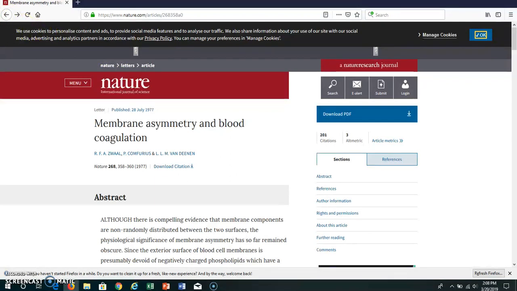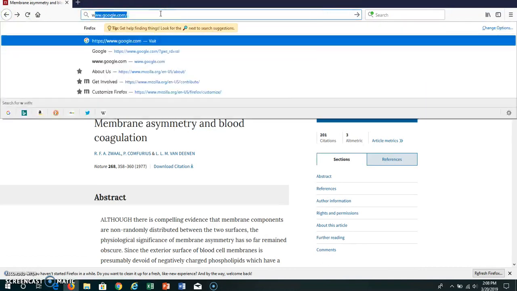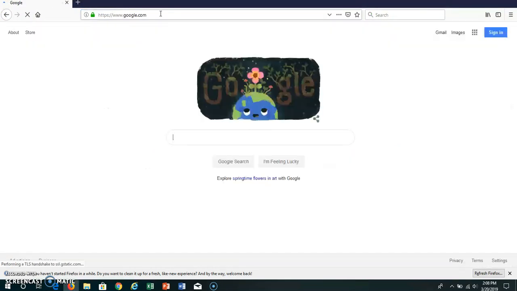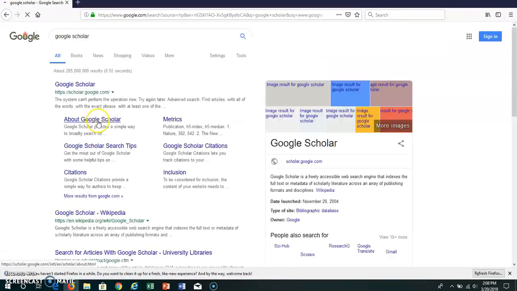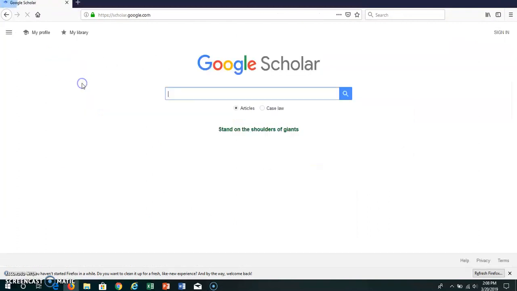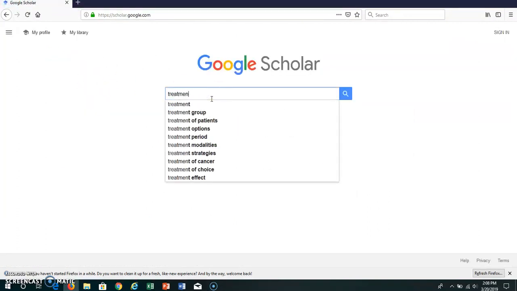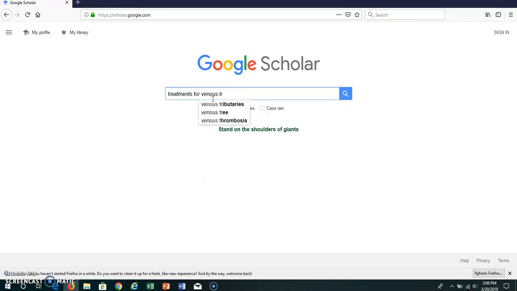Now, I'll go back to Google and Google Scholar. Now, on the Google Scholar, this time I will type treatments for venous thrombosis.